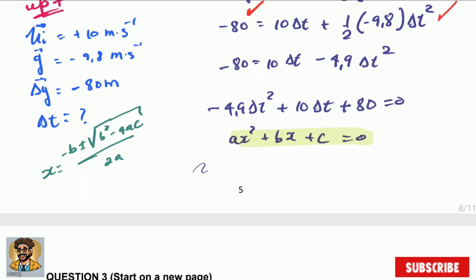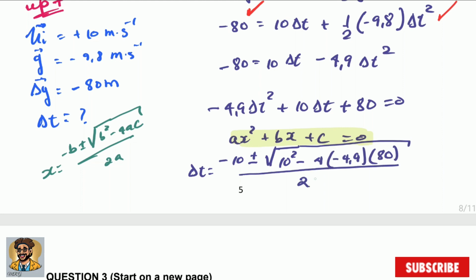So you come here, you say that time is equal to, and then when you try both of them, you get that the time is going to be equal to 5.19 seconds. That is the correct answer. If you try both of them, you will get 1 negative. That is not correct, and this one is the final answer. As I said, there's only 1 mark for that one.